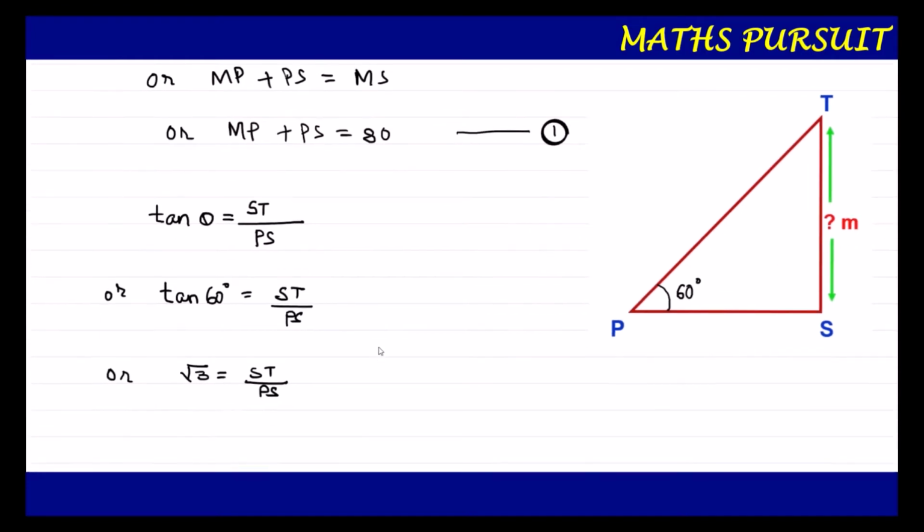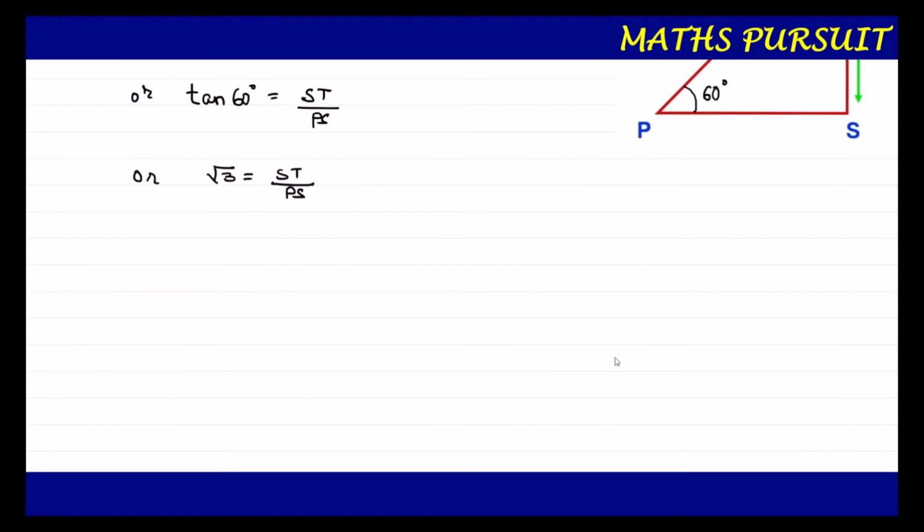I believe till here we are clear. In other words, ST upon PS is equal to root 3, or I can write ST is equal to root 3 PS. So this is what we got. We got ST is equal to root 3 PS. Let us name this one as our equation number 2.